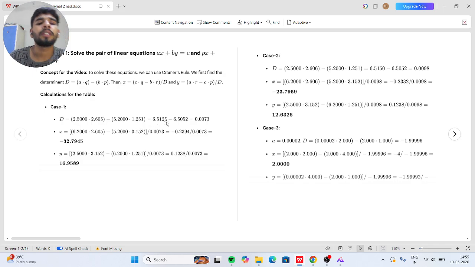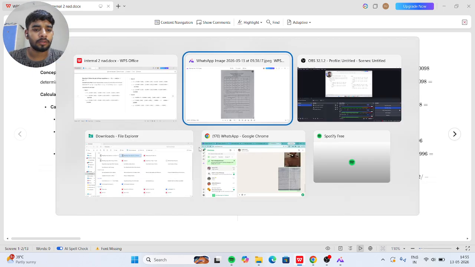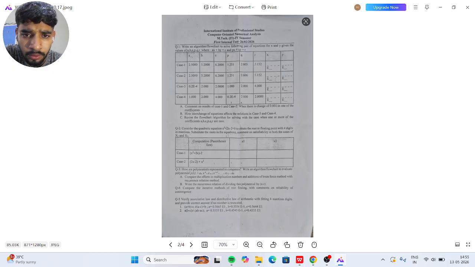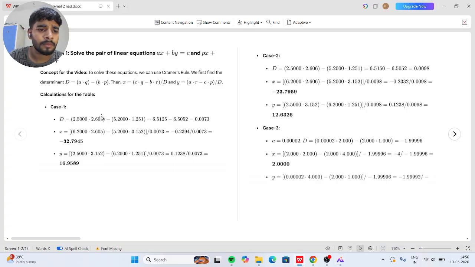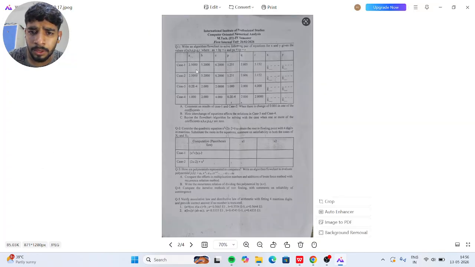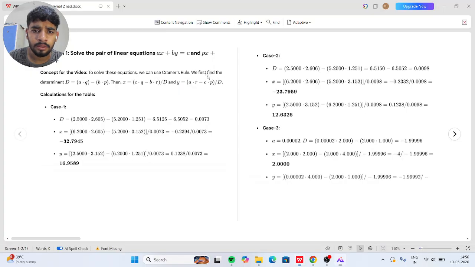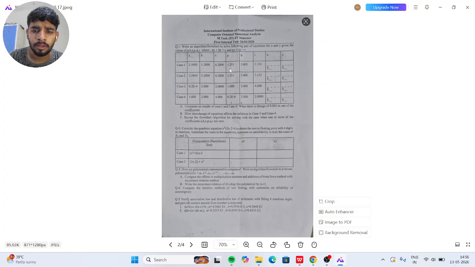In the question you see that we are multiplying case 1, a with q and b with p.